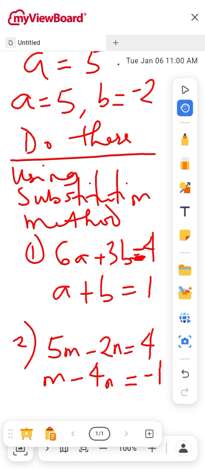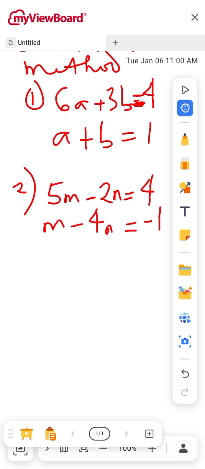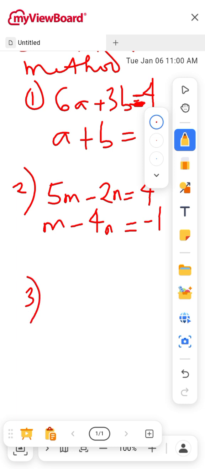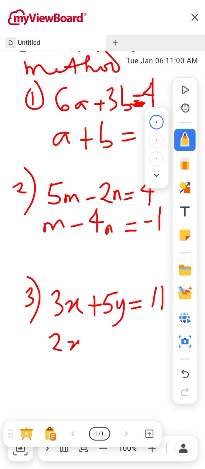Try to put your pen to paper and try to unravel this, okay? And number 3 says 3x plus 5y equals 11, 2x minus y equals 3.